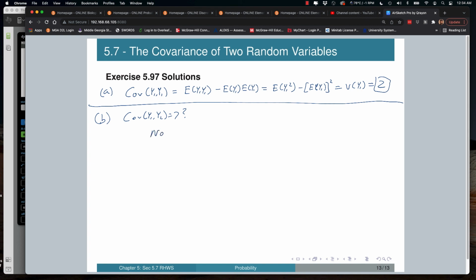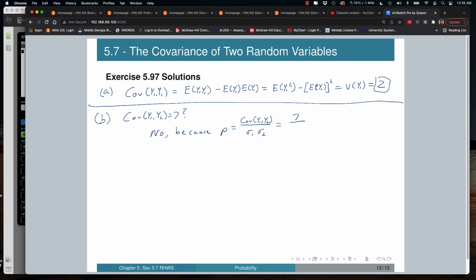So the answer to this is no, but this is because the value of rho, which they were trying to get us to talk about, the correlation coefficient, is equal to the covariance of y sub 1 and y sub 2 divided by sigma sub 1 sigma sub 2. In this case, if the covariance of y sub 1 and y sub 2 equaled 7, then in the denominator, based off the information given us, we have the variances so we can find the standard deviations.